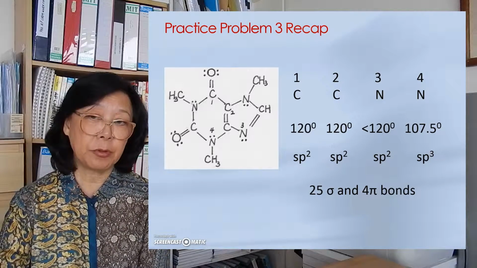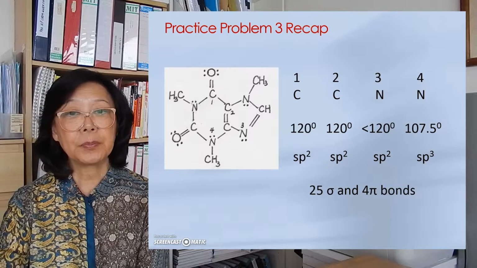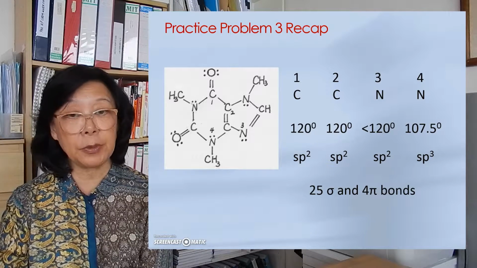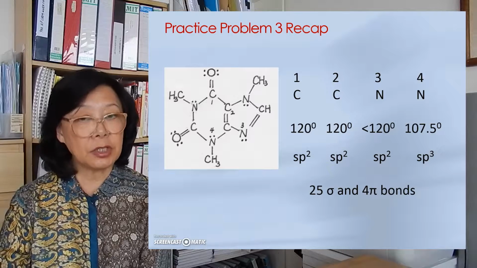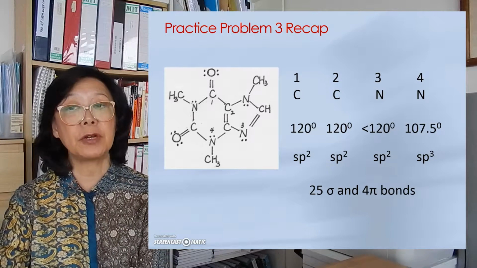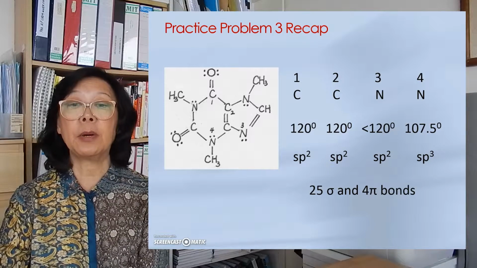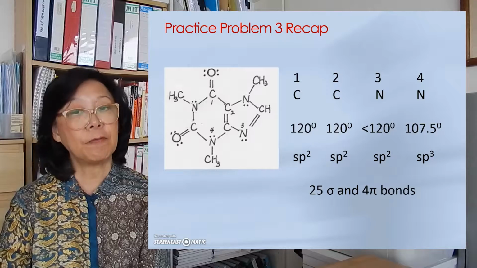Nitrogen at position number 3 has 1 lone pair; it's trigonal pyramidal, actually bent, less than 120 degrees, sp2 hybridization. Then nitrogen at position number 4 is trigonal pyramidal with 1 lone pair, 107.5 degrees, sp3 orbital hybridization. When we count carefully, there are 25 sigma and 4 pi bonds.